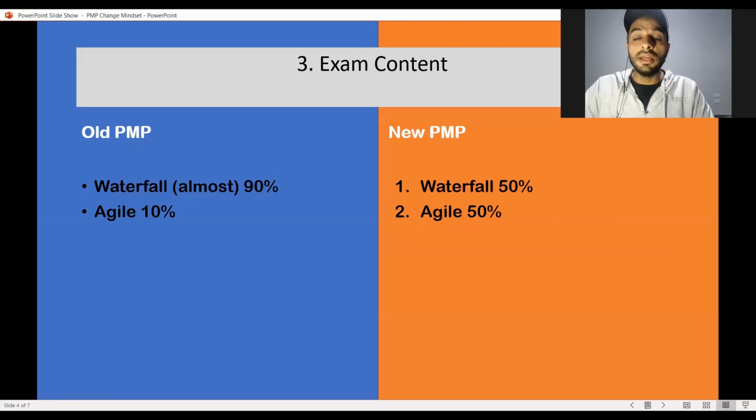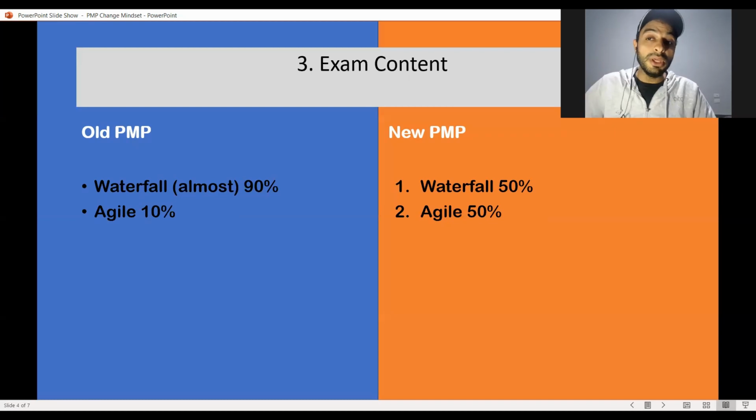Number 3, the exam content. In the old PMP, almost 90% of the 200 questions were waterfall or traditional project management questions, while approximately 10%, plus or minus, were on agile project management. This is the old PMP.